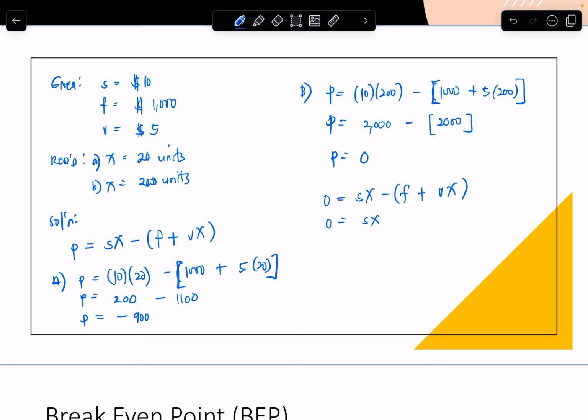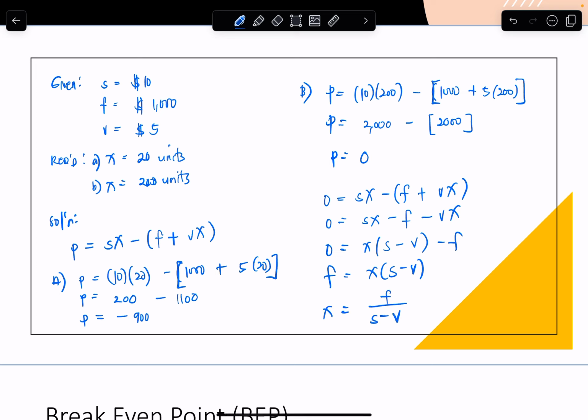So let's say I have SX minus F minus VX, and then I'm going to factor out X. I have X times S minus V, minus F, so F equals X times S minus V. Therefore, X will be F over S minus V.